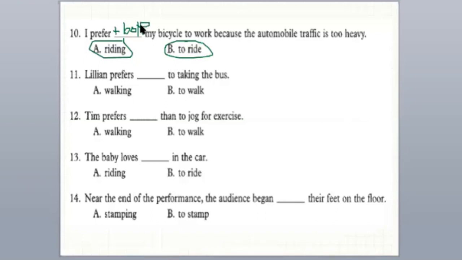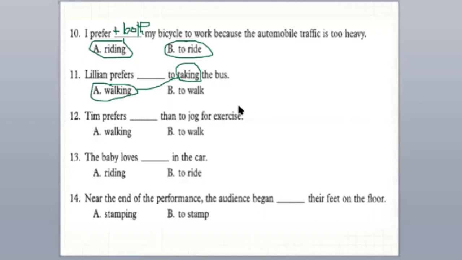However, here, Lillian prefers walking because we have to take in. So what do we call this again, if you remember? This is parallel structures. You remember that? Parallel structures, okay? Lillian prefers walking to taking the bus.